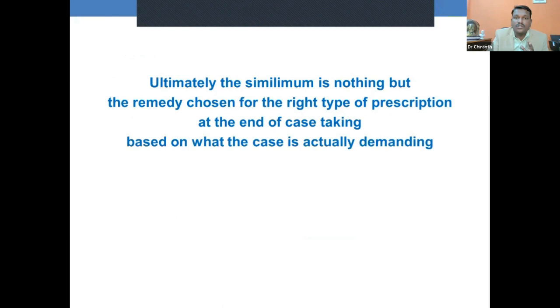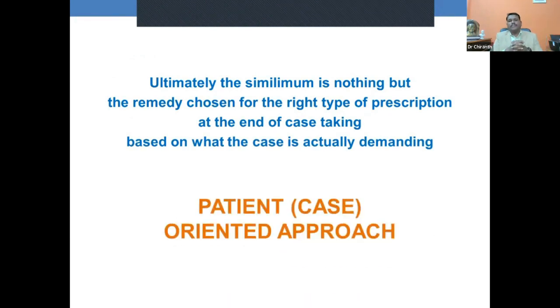And that is based on what the case is actually demanding. That is called the patient or case-oriented approach.